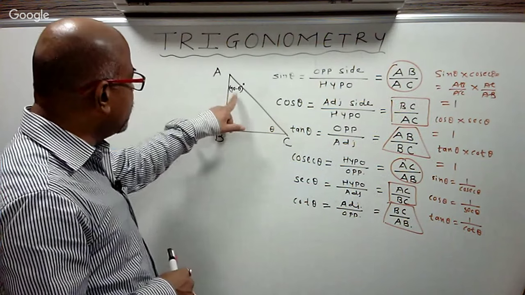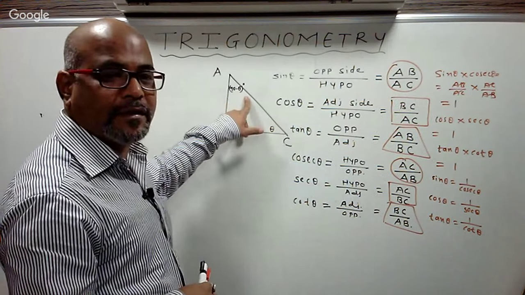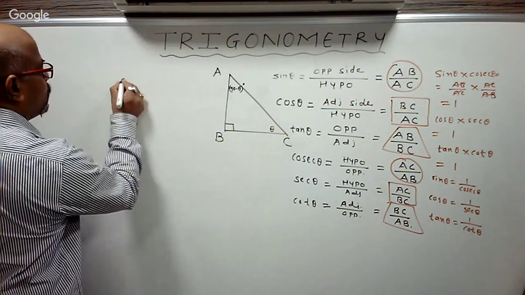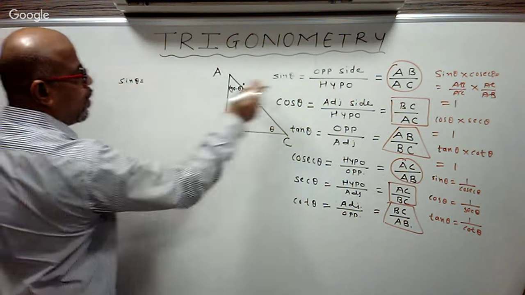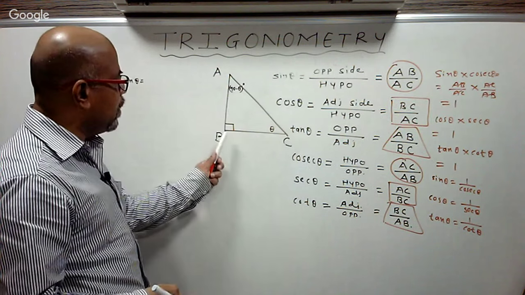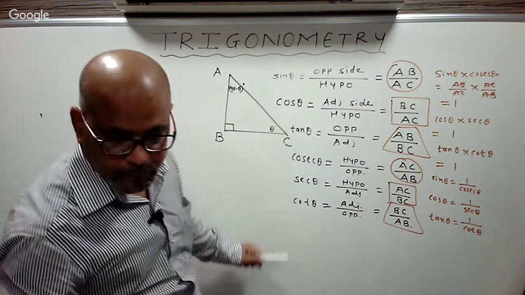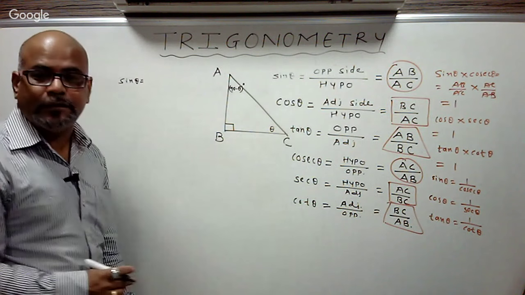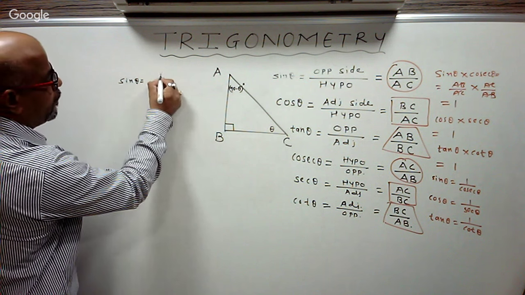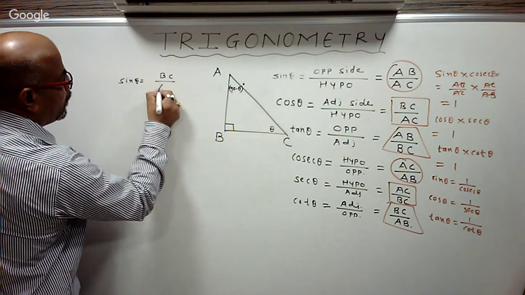Now if we go for this angle 90 minus theta, that is angle A, what do we get? Sin theta equals, we know, opposite upon hypotenuse. For the 90 minus theta angle, the opposite side is BC and hypotenuse is the same, AC.